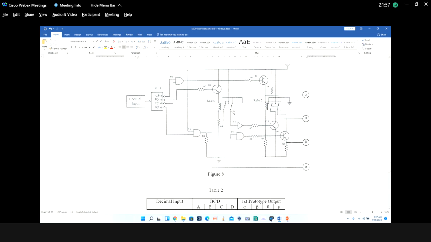In this relay, let's say B is 0. When B is 0, the 0 voltage goes to the base of the transistor, so the transistor will not be on. So when the transistor is not on, no current will energize the relay. Okay. So the arm of the relay will be at this location, in what we call one.